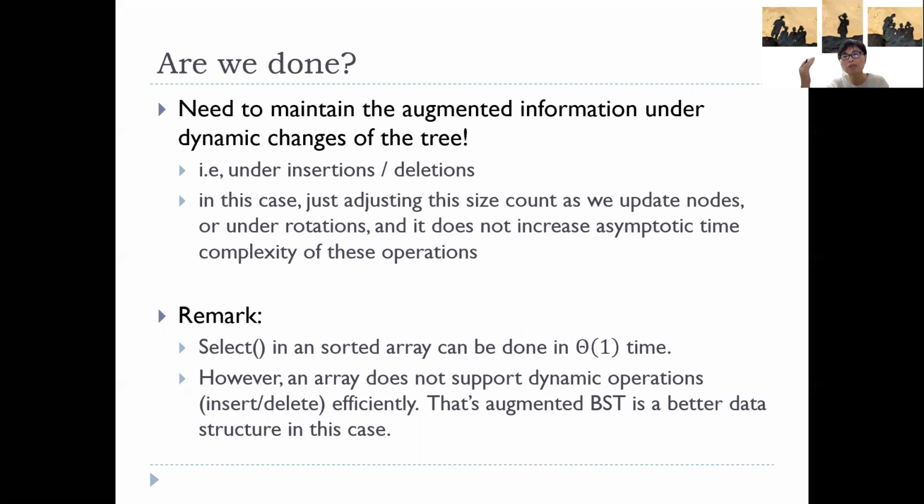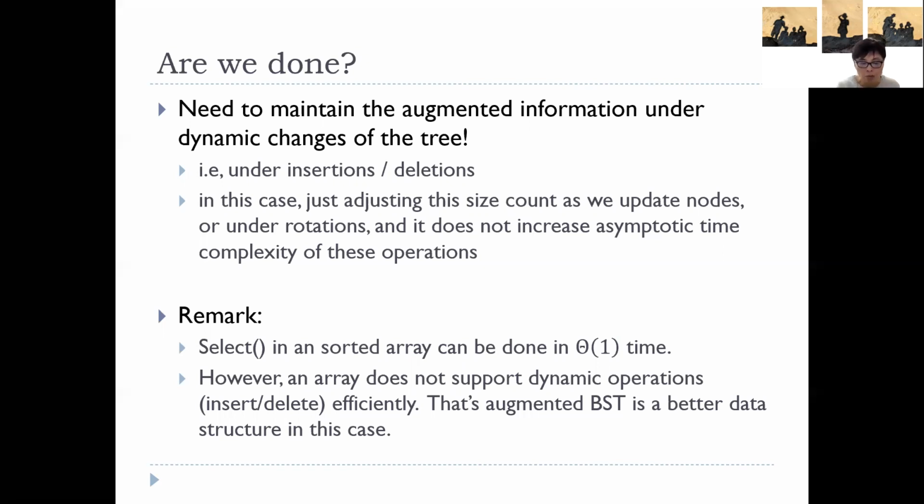But you have to be mindful that if you have dynamic changes to the tree, like insertion and deletion, your tree structure changes, so the size information will change. Then you also have to update all this augmented information as well. Fortunately, for the size information, this can be done very easily.